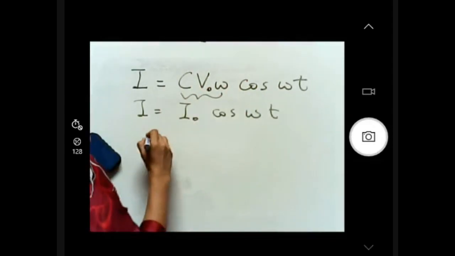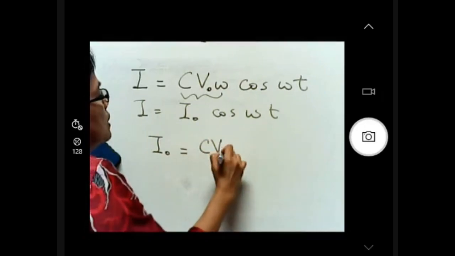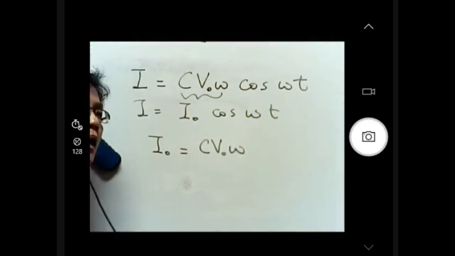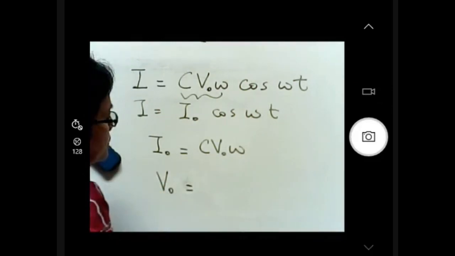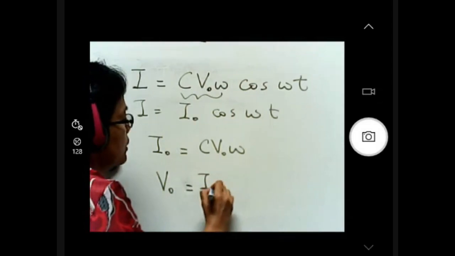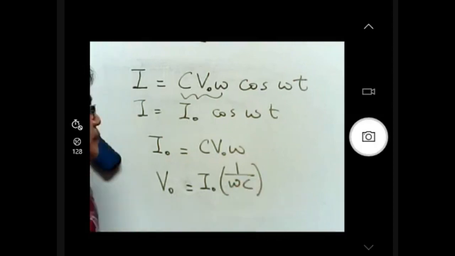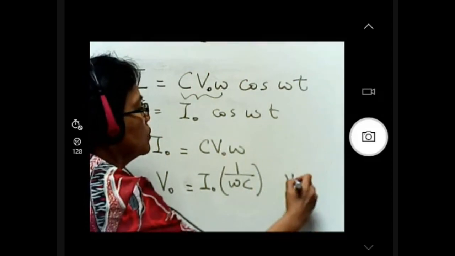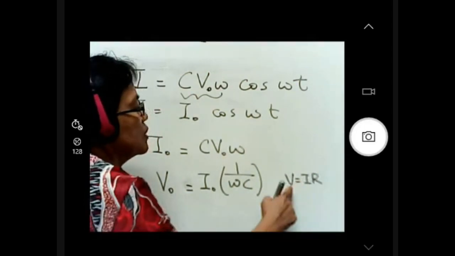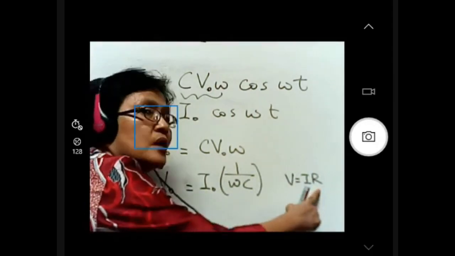So we find that I naught equals CV naught omega, or V naught equals I naught multiplied with 1 over omega C. Right? If you look at this, it's almost similar to V equals IR, right? Voltage equals current multiplied with the resistance of the circuit, if you are using a resistor.